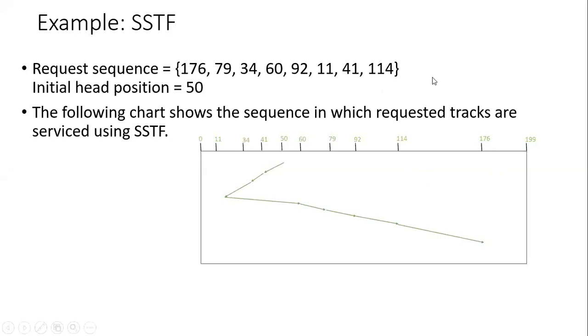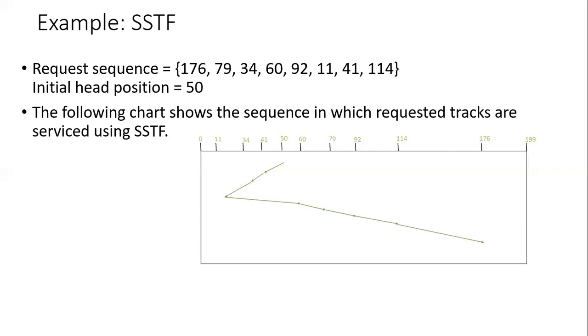It will find the requests nearer to 50, because it wants to do less movement, that is, the movement with less seek time. So it will find the blocks nearer to the head, and those blocks will be accessed first.